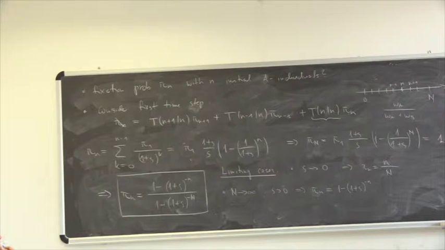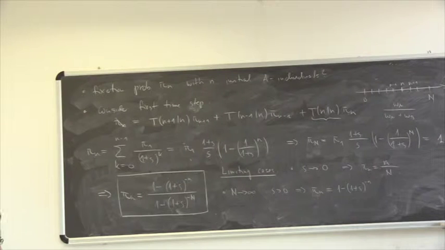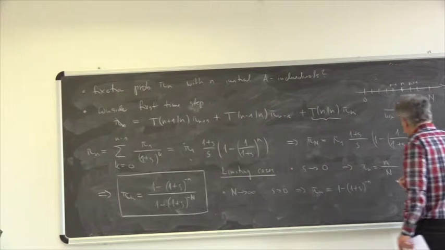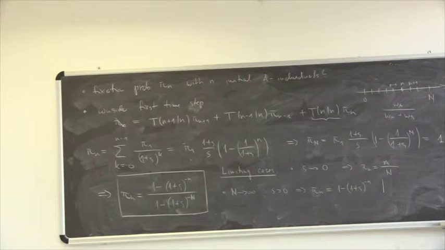So here you see that this is of course always between 0 and 1. And a particularly important case that is often considered is when you only start with one individual.